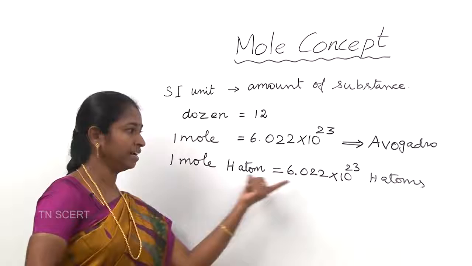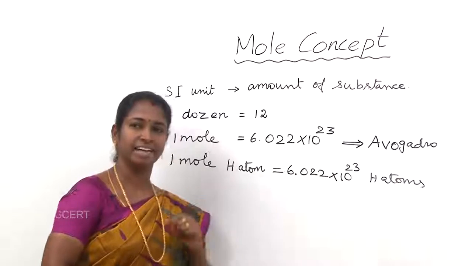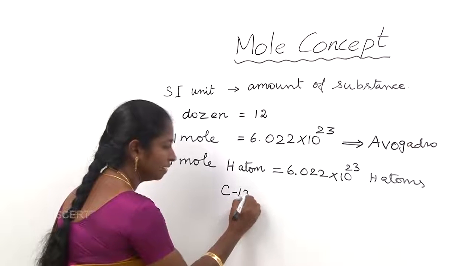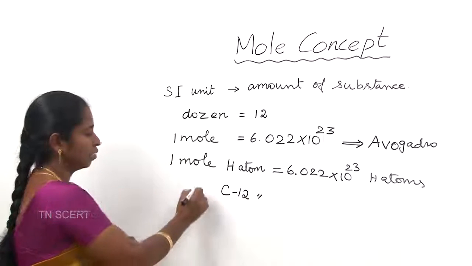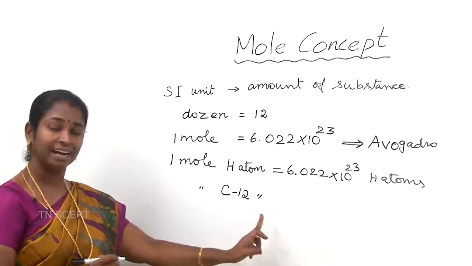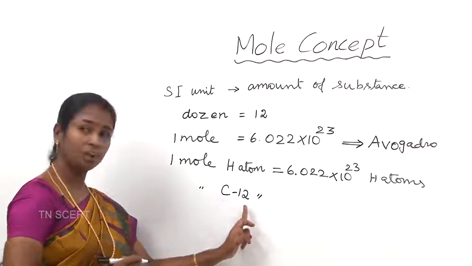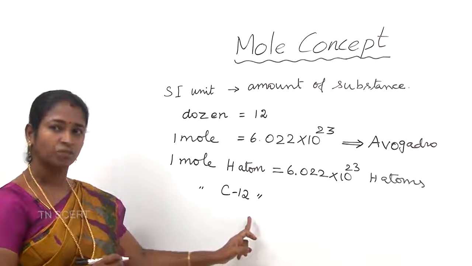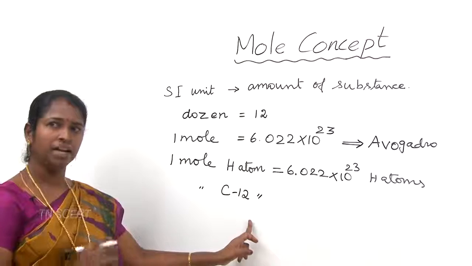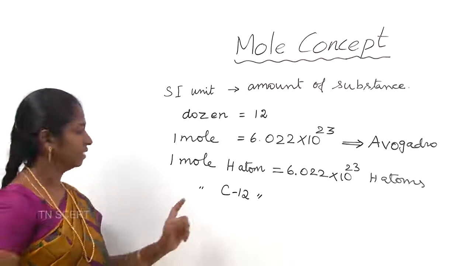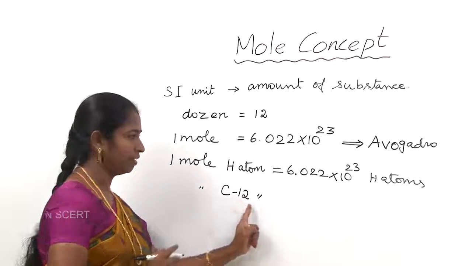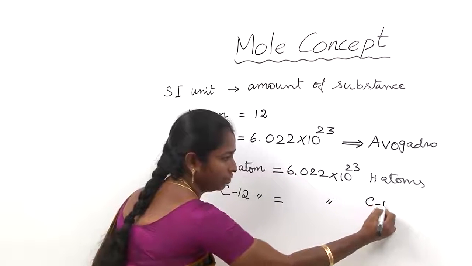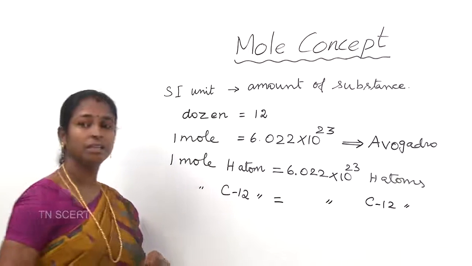Similarly, 1 mole of carbon 12 atoms contains the same number. Here carbon 12 is an isotope of carbon with mass number 12. I will tell you what mass number is later. So, 1 mole of carbon 12 contains the same number of carbon 12 atoms.